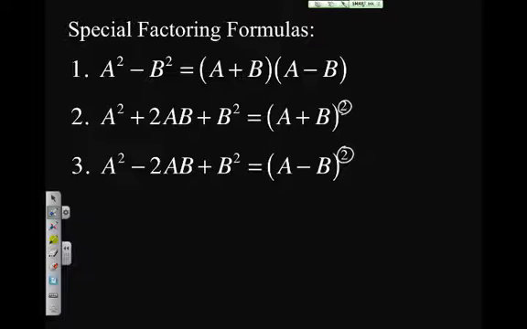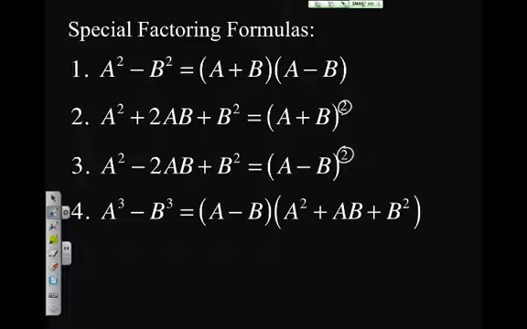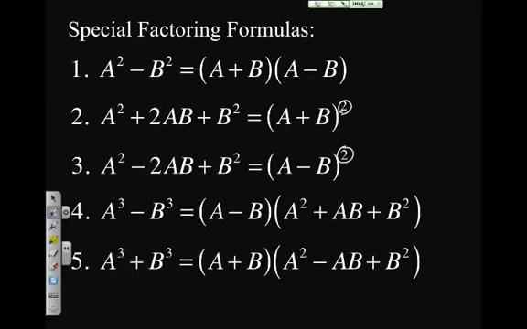Just go ahead and factor it the way we've already learned. The difference of 2 cubes, this is one you are going to want to know. A cubed minus B cubed, again, if you can write it as the difference of 2 perfect cubes, it will factor in this way. And then the sum of 2 perfect cubes is there as well.